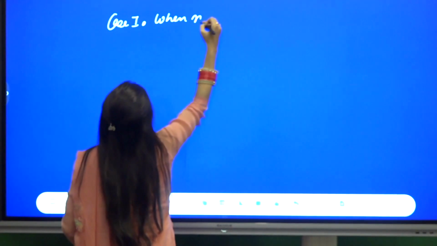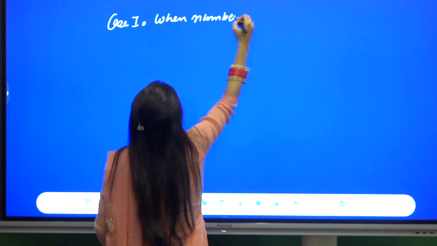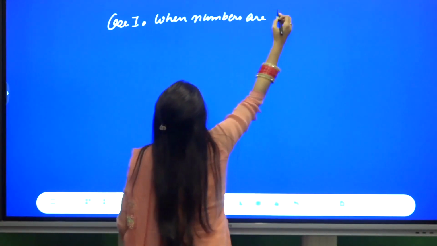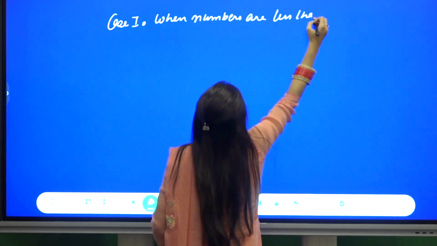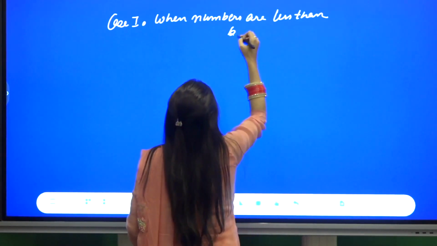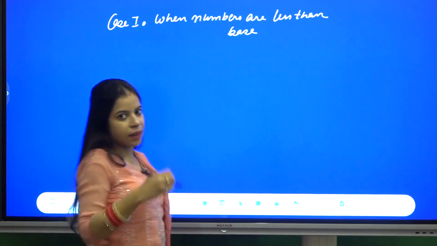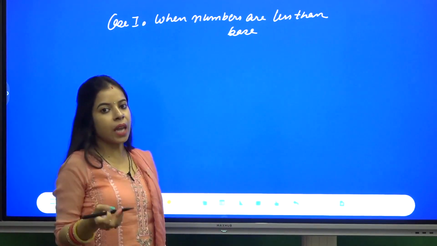So, case 1, when numbers are less than base. Let's say we have to multiply 8 into 9.